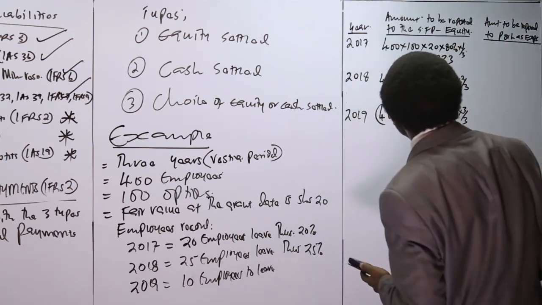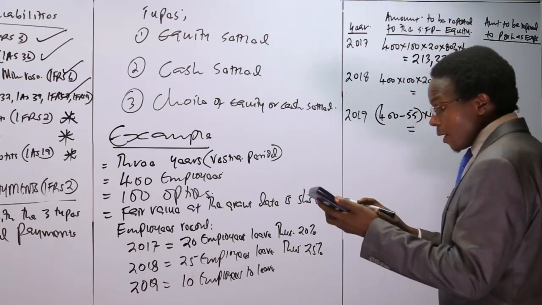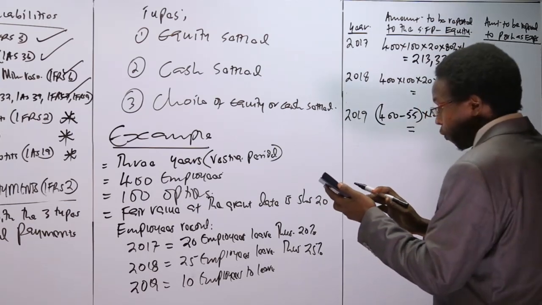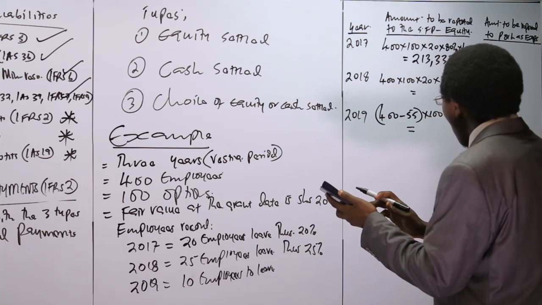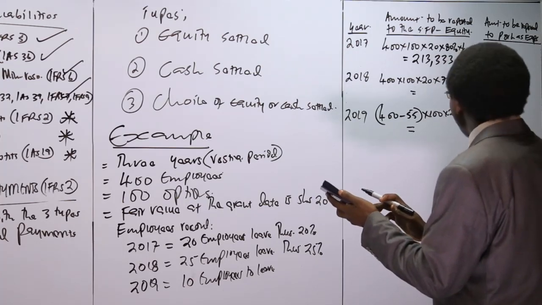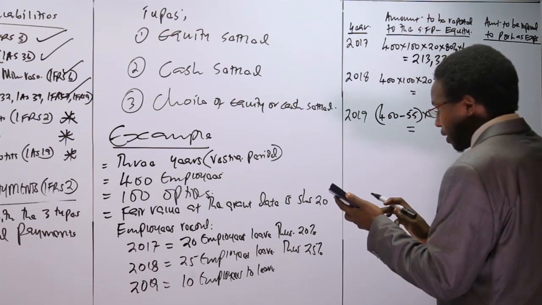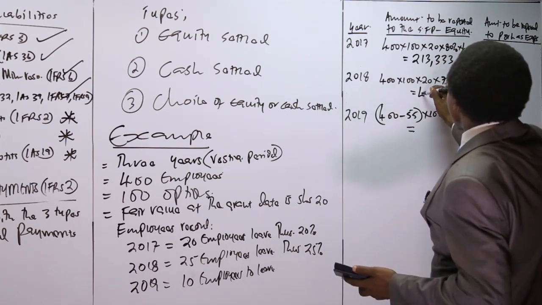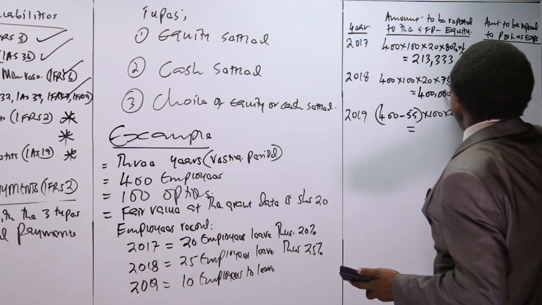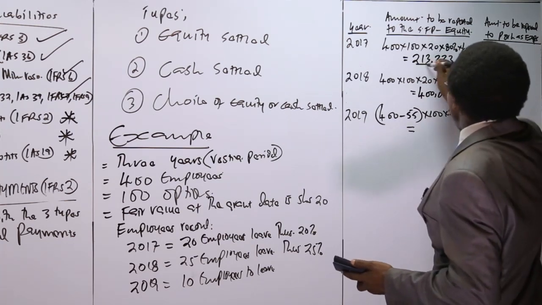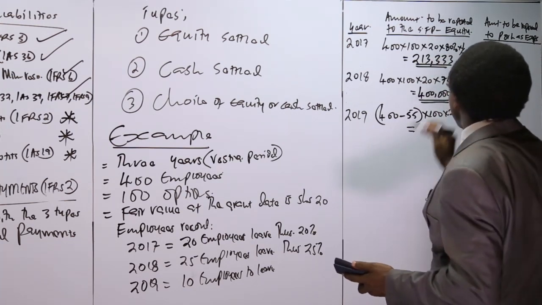Fine, no problem. Then we also have 400 by 100 by 20 by 75% by 2/3. We have 400. That is okay. So this will be reported to the statement of financial position.